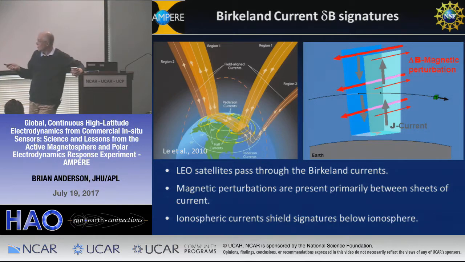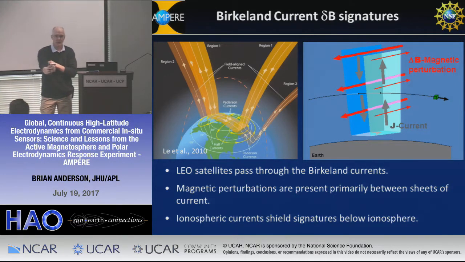And so what the Pedersen currents actually do is they make these look like infinite current sheets that are going down below you. And so you don't have to treat what the Pedersen currents are really doing. The competing perturbation is really from the Hall currents, and if you get up above about 500 kilometers, they're less than a 10% effect. So it's the fact that the ionosphere is there and the Pedersen currents are flowing that actually allows you to ignore that.